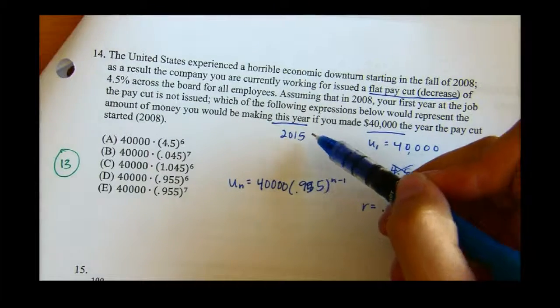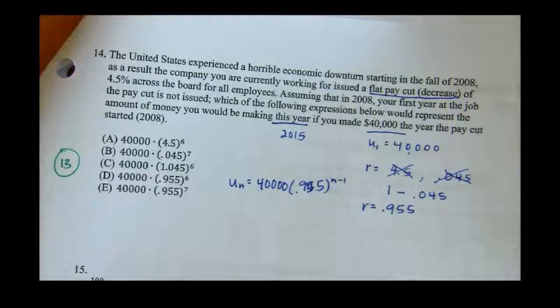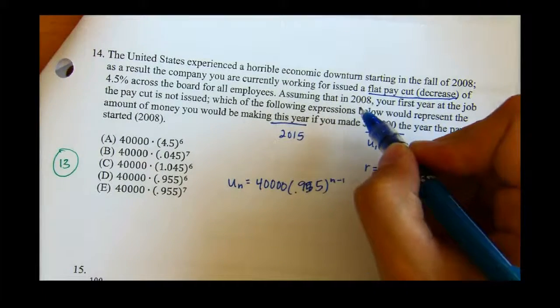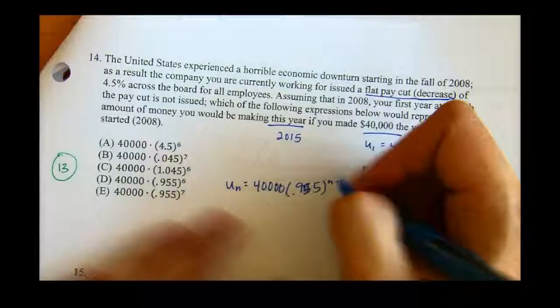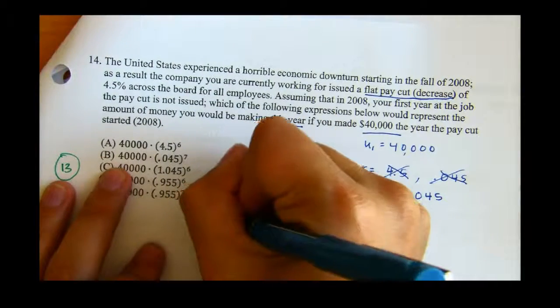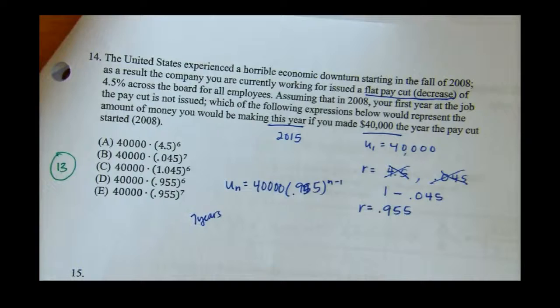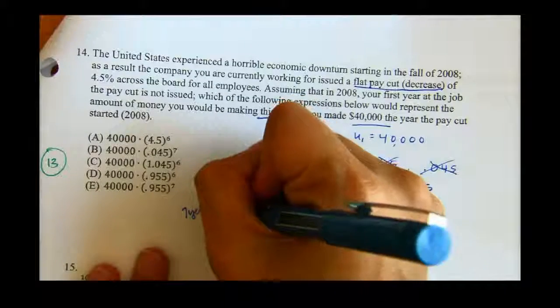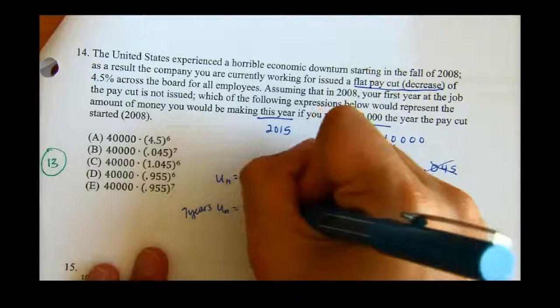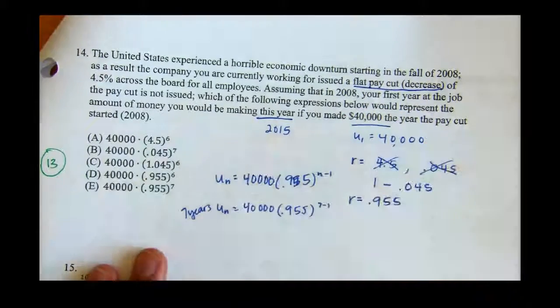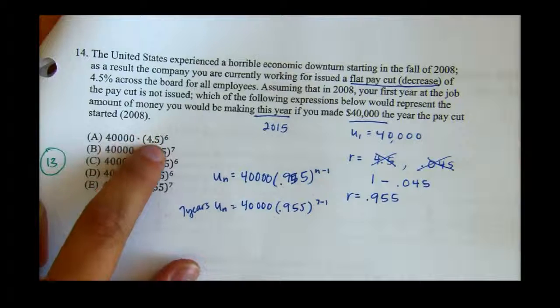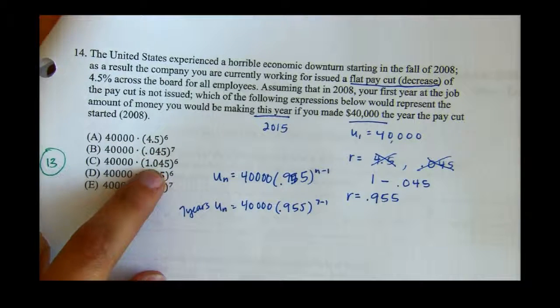If it's 2015 now, if I think about how many years have passed since 2008, I know that it's been 7 years. So I'm finding how much money I'm making in the 7th year. So U sub n equals 40,000 times 0.955 to the 7 minus 1. And it looks like I've got to simplify that down to a 6.